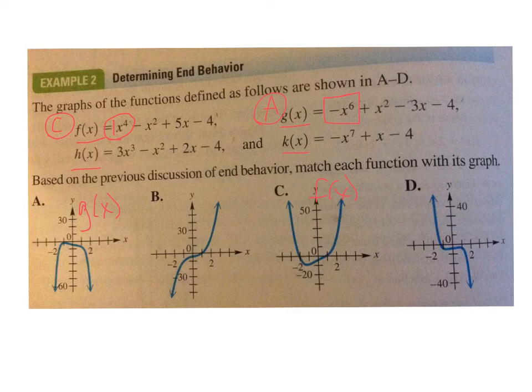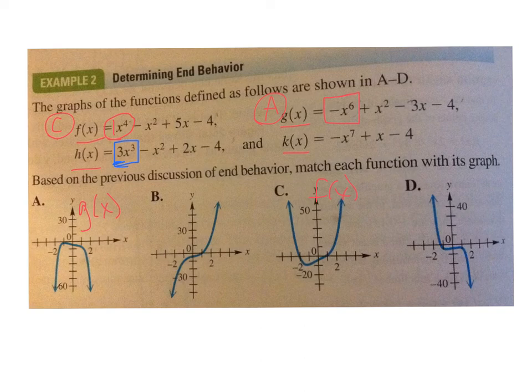Cool, let's do more. Let's check out this h of x. What do we have going there? I have a 3x cubed. So the x cubed simply tells me that it's odd. Now the leading coefficient, that 3 in front, has nothing to do with the direction. I don't care what that number is. I only care if it's positive or negative. It could be 50 billion x cubed for all I care.